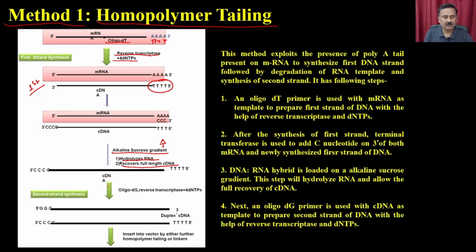And then you're going to add the oligo dG column, and you are also going to add the reverse transcriptase as well as all the 4 dNTPs, and what happens is that it is going to bind the CCC which is present on the first strand, and that's how it is going to start the synthesis of the second strand, and that's how you're going to get the duplex cDNA from the messenger RNA, and that you can insert into the vector by using the suitable restriction enzymes, or you can use these poly T and the poly C sequences as well.